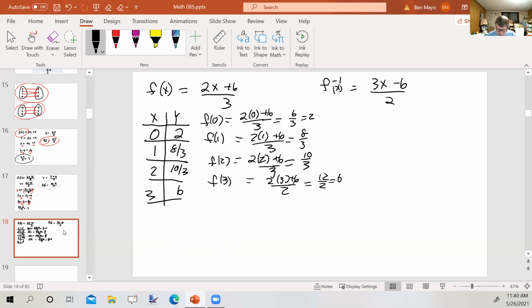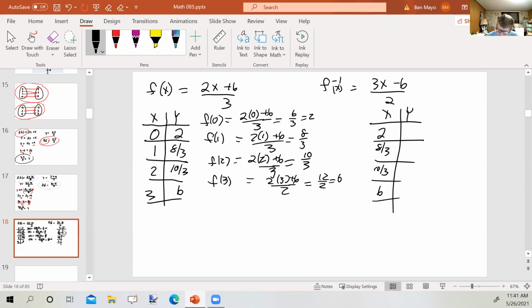All right, now let's find some ordered pairs for the inverse function. And for x, I'm going to use what may seem like some strange values, but I'm going to use 2, 8/3, 10/3, and 6.